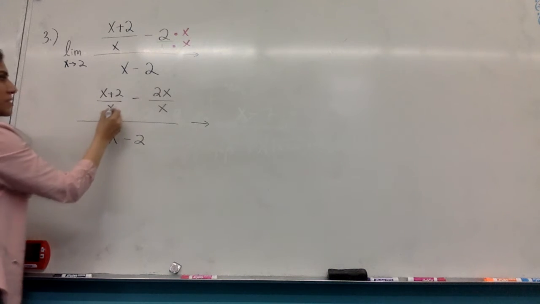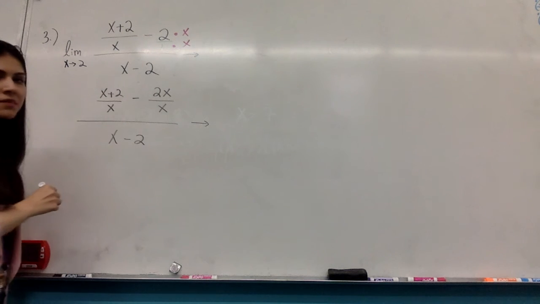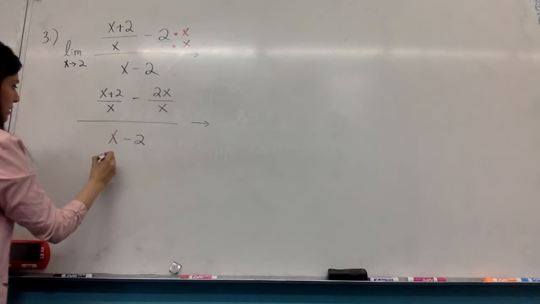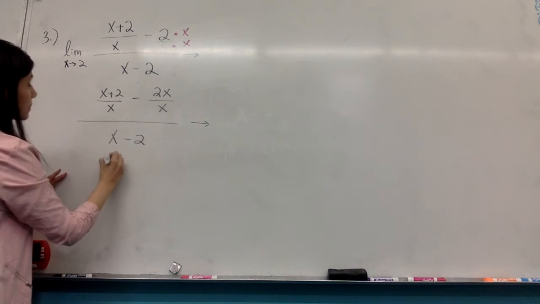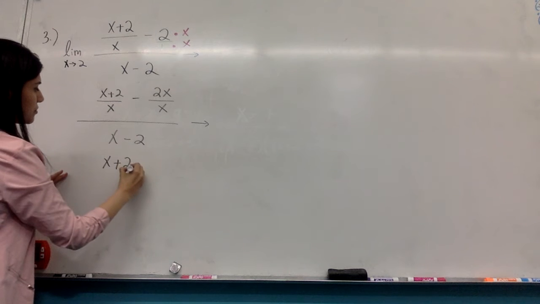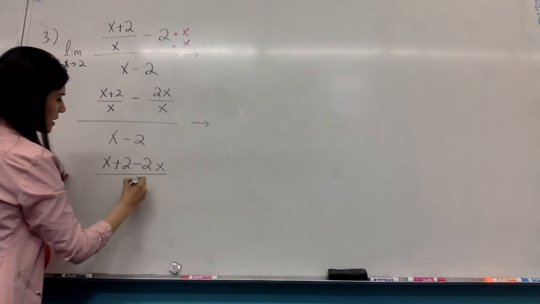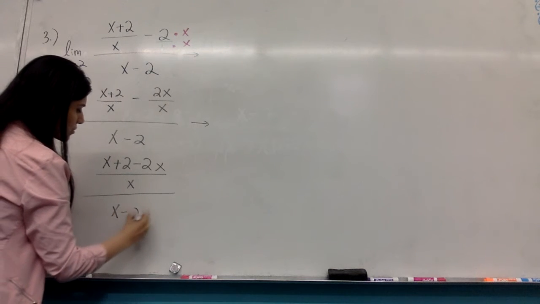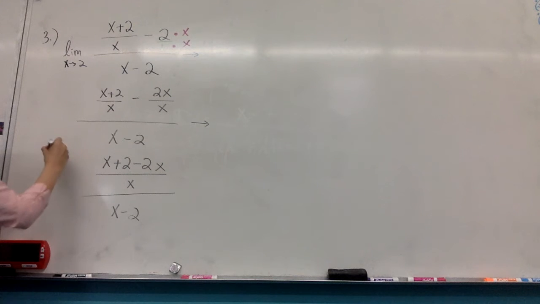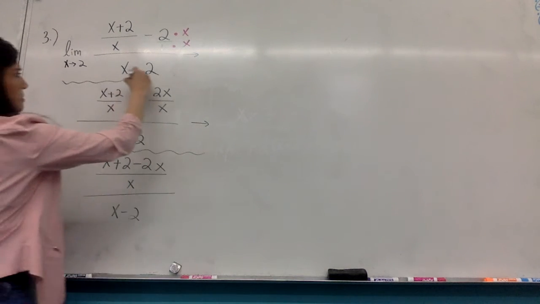Okay, because my denominators are now the same, I can go ahead and add up or combine my numerators. So then that's going to give me, and this is going to be my new step, x plus 2 minus 2x divided by x, and it's all divided by x minus 2. So again, this is separate so that it doesn't look smashed together.